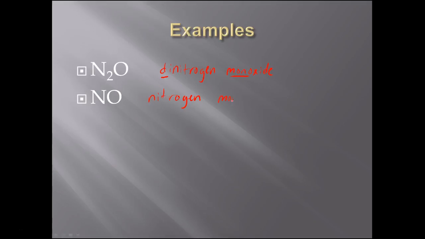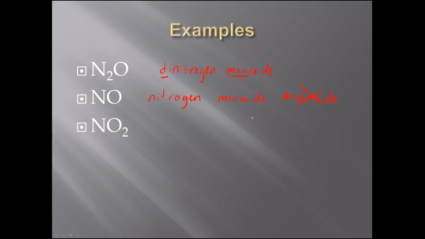There's only one of them, so it's going to be monoxide. Please do not write mono-oxide. If there's ever two vowels next to each other, sometimes you have to get rid of one of them so that we have the proper pronunciation. We don't want to have mono-oxide. We just want one of these O's. So do not do this over here. It should be monoxide.